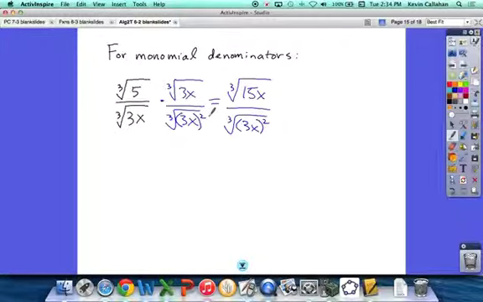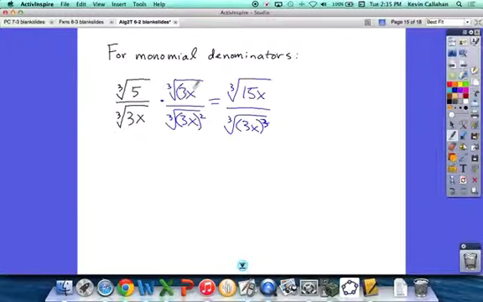Because then when I multiply these together, I get the third root of 3x to the third, which is 3x. That's what gets rid of it. It's not enough to just use this denominator exactly like it is. It's going to have to be the third root of 3x squared, so that when you multiply it together, 3x to the first times 3x squared is 3x to the third.